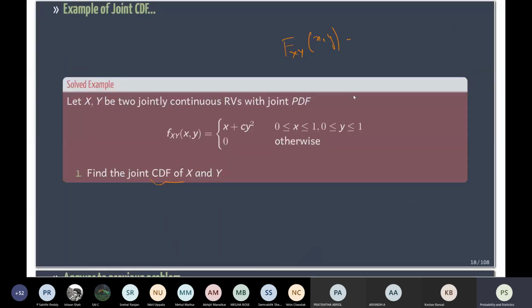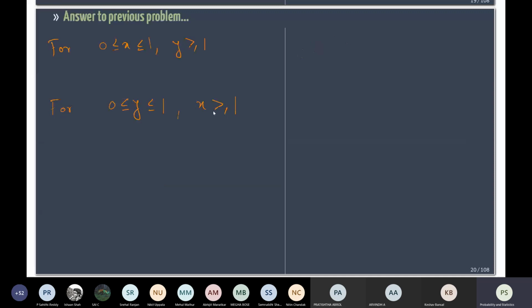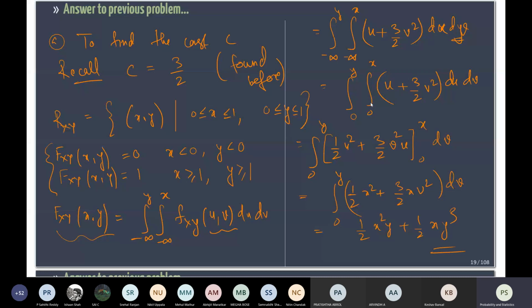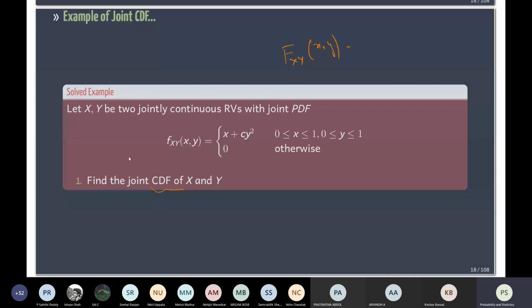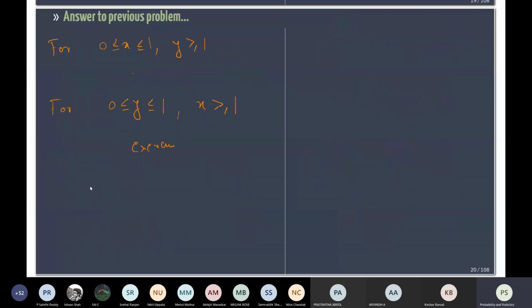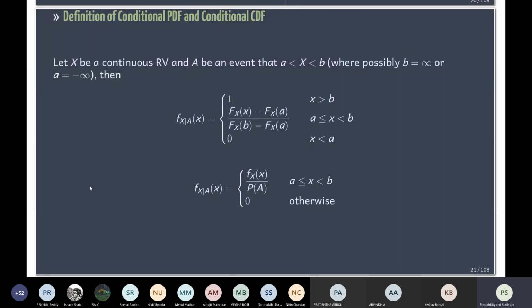So for x it's 1 to x, for y it's 0 to y. If you do this integration, you will get something in hand. Later, I leave this up to you as an exercise. So that was the only thing left for this, right?